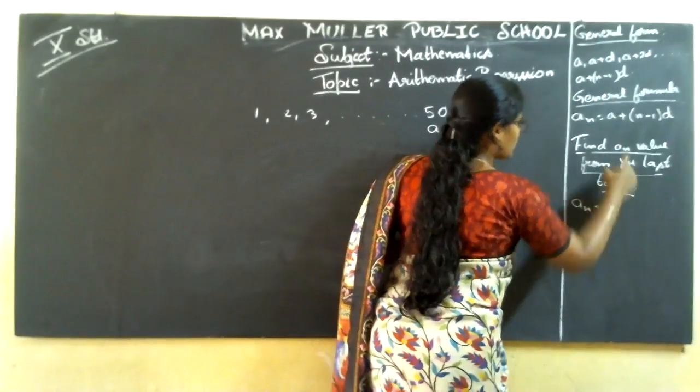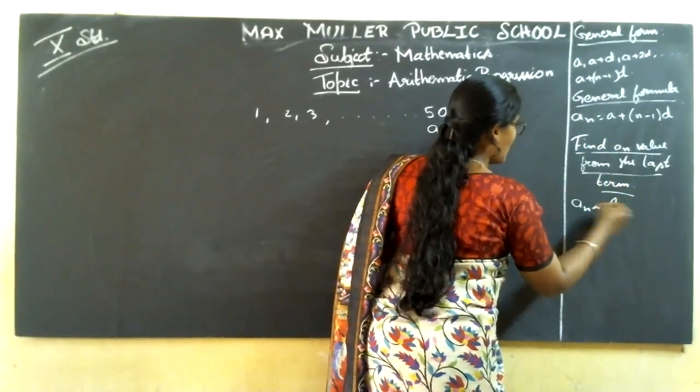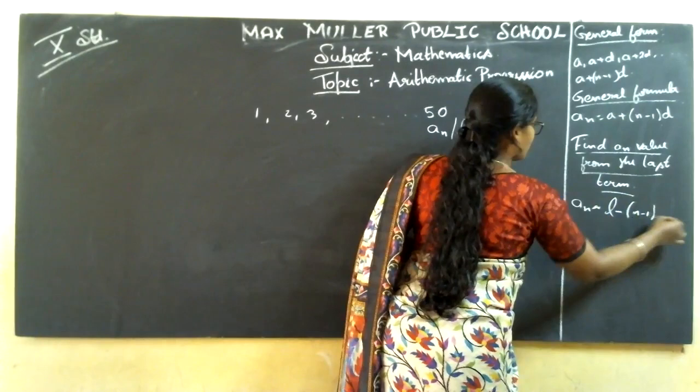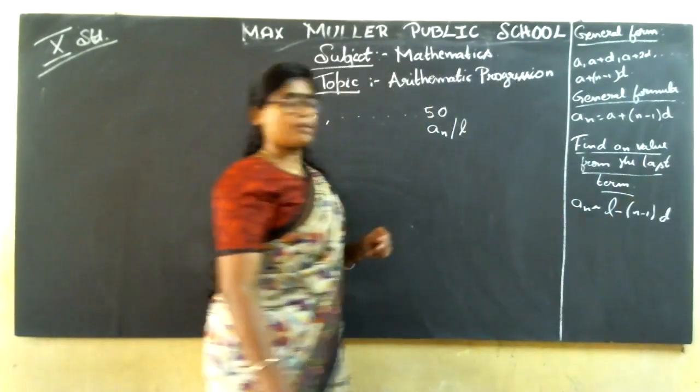AN is equal to, in place of A you are going to put L, minus (N minus 1) into D. L minus (N minus 1) into D.